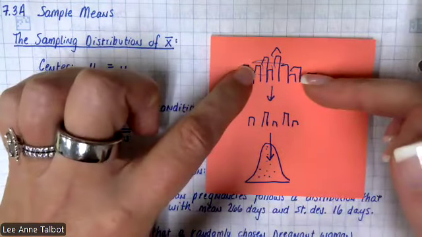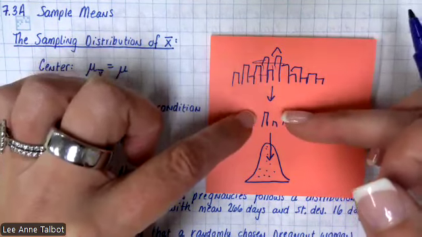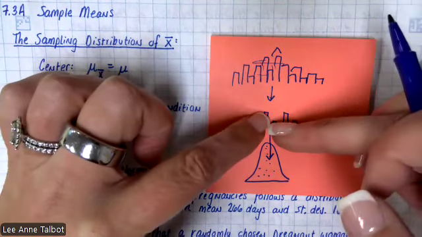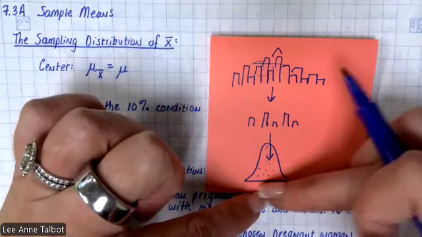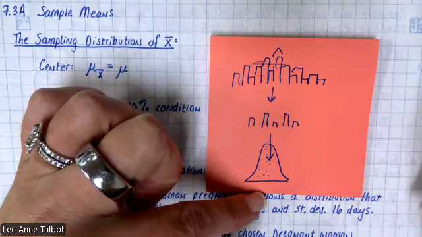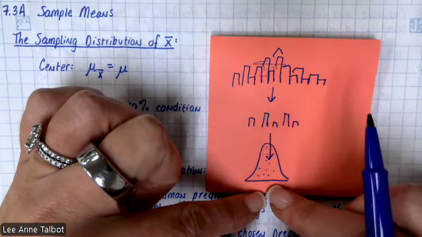Okay, so original population, lots of different sizes of squishmallows. Sample of 5 squishmallows. I average the numbers. The average is going to suck it toward the middle, and my dot plot's going to be skinnier. Are you following what I'm saying? Because these are plots of averages. Averages are going to be toward the middle. Okay.